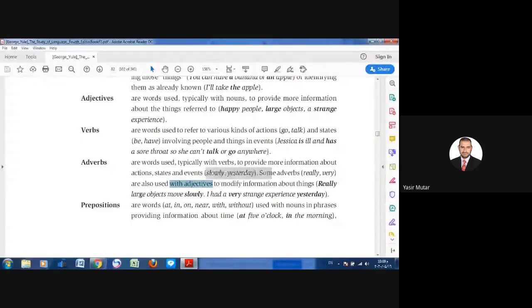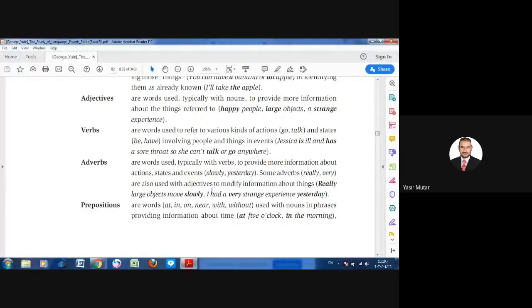Large, move slowly. I had a very strange experience yesterday. So they modify adjectives.